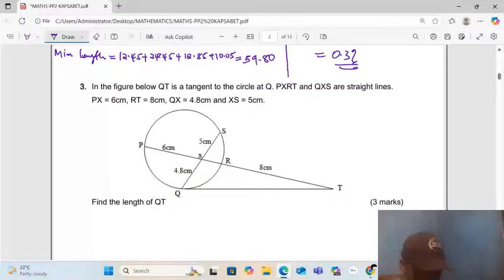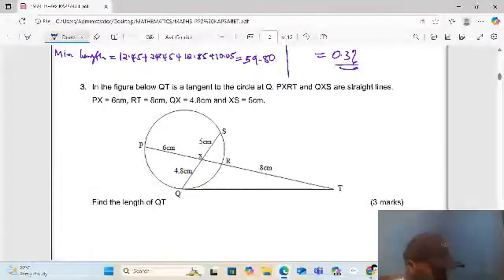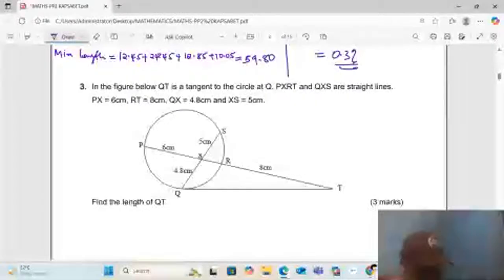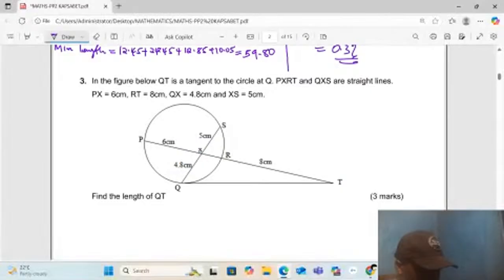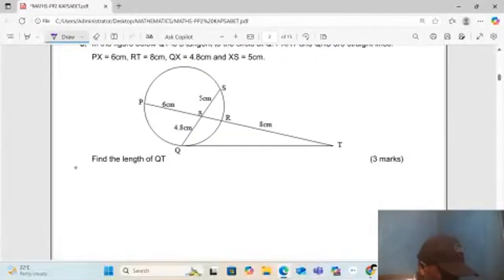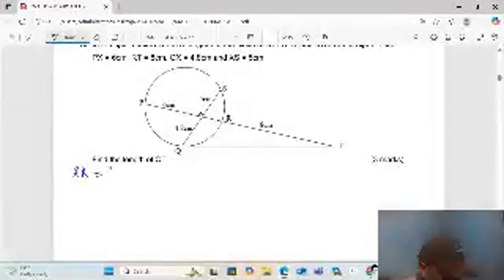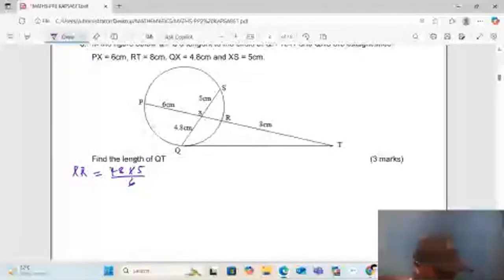Now we find XR. For us to get XR, we take 4.8 times 5 divided by 6. 4.8 times 5 divided by 6, we get what? We get 4.